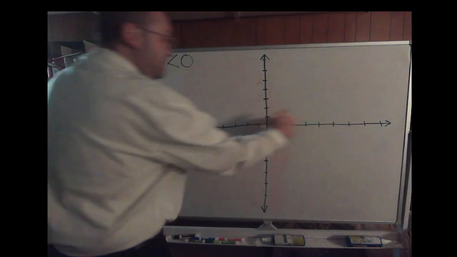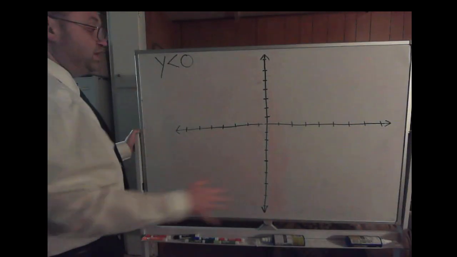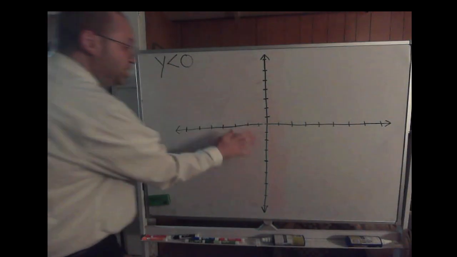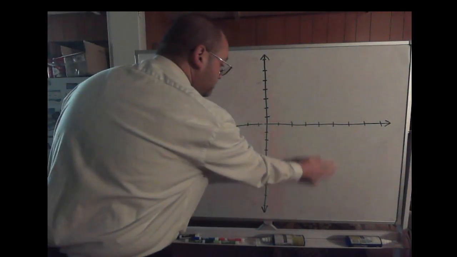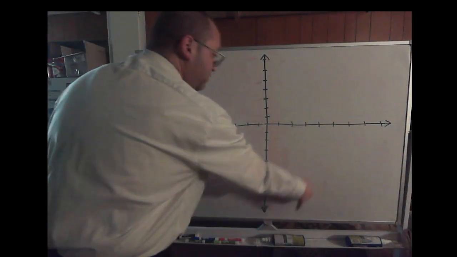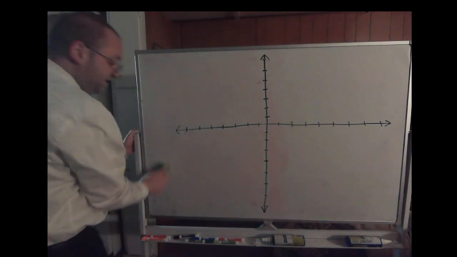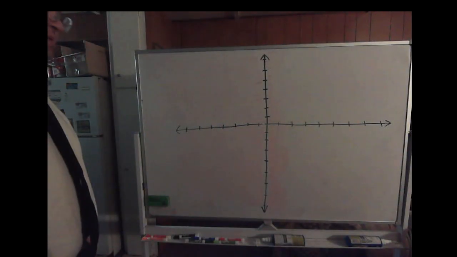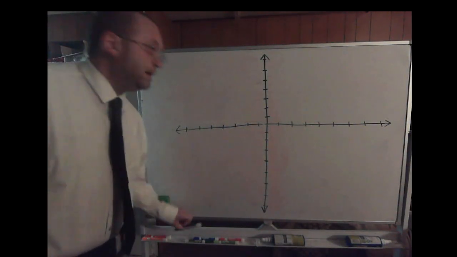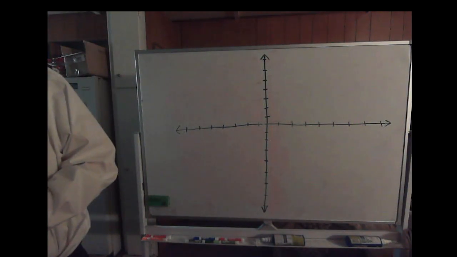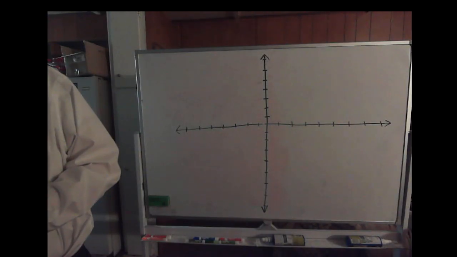That's why it's a dotted line through y equals 0. Then you would shade everything below y equals 0. You wouldn't shade the entire third and fourth quadrants. So yeah, I think you see why I'm not just graphing that, because we could be there all day trying to do that.